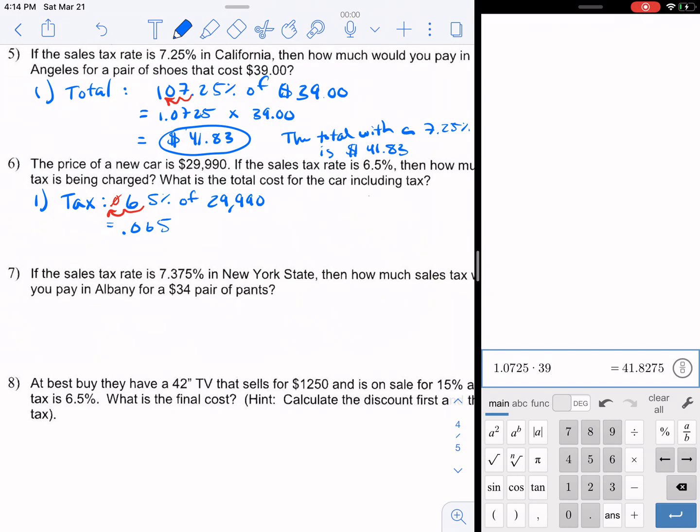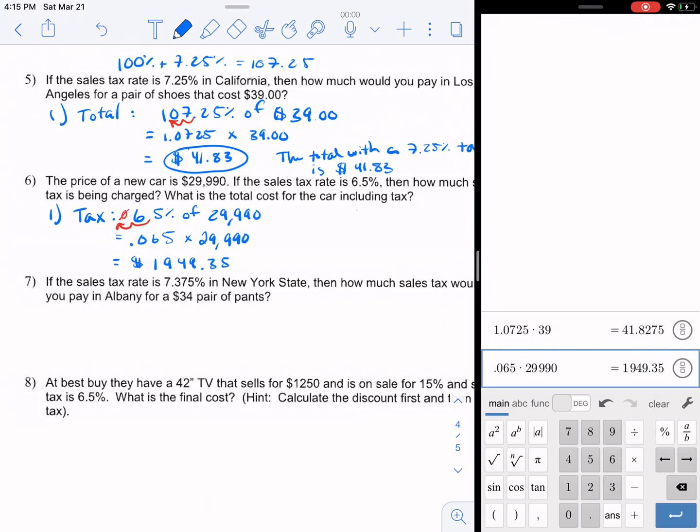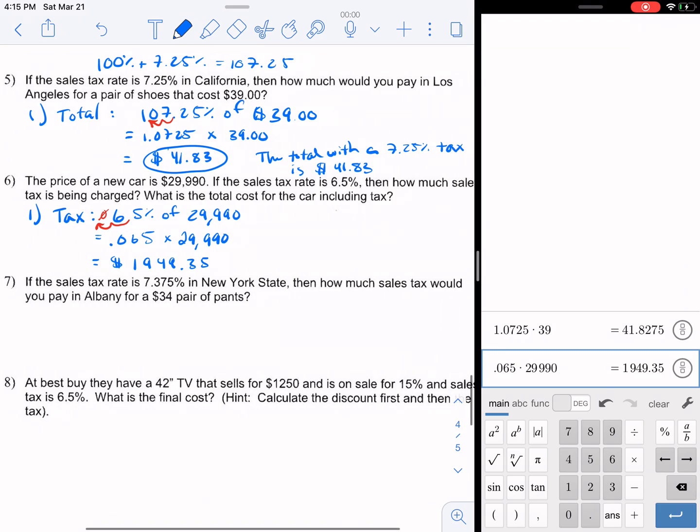What does of mean? Times. And then we got 29,990. So multiply all that out. 0.065 times 29,990. And it looks like the tax that you're gonna pay on the car, just the tax, is $1,949.35. So you're gonna pay almost $2,000 on just the tax alone.